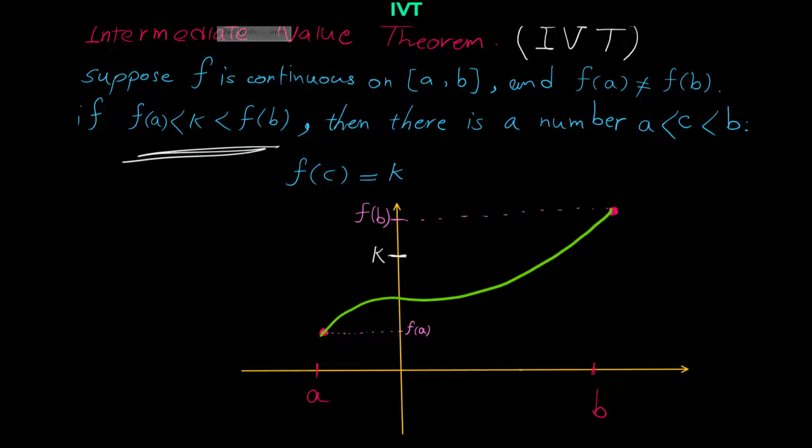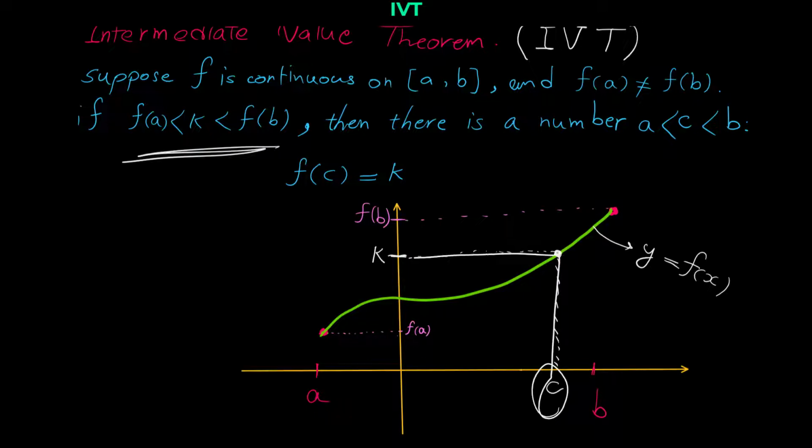Simply, if you draw this horizontal line, you can see that in this particular case, c is here. When x is equal to c, f of c, as you can see, is equal to k. This is the graph of our function. When x is c, the y value of the function is k.